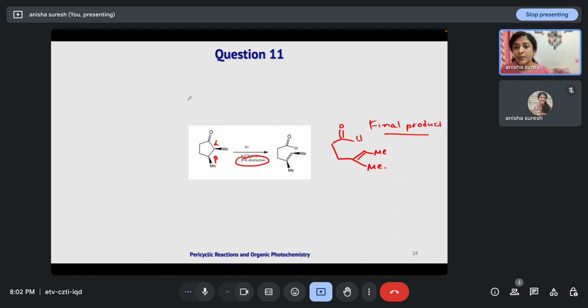Is it clear? So this is an example of Norrish type 1 reaction. So we have seen many examples of Norrish type 1 and type 2 reaction in the last week tutorials. So you can kindly go back and check into that if you are having further doubts.